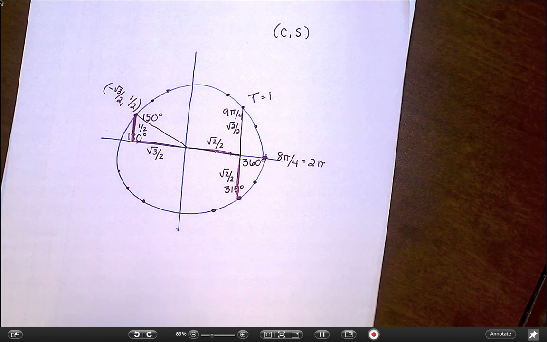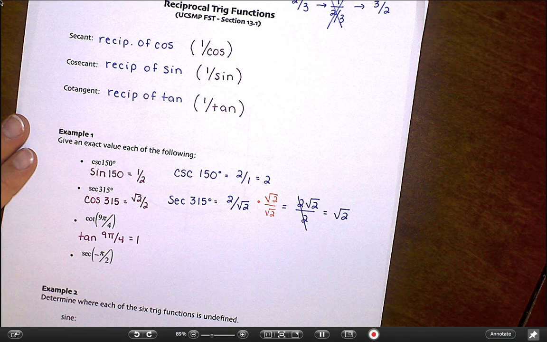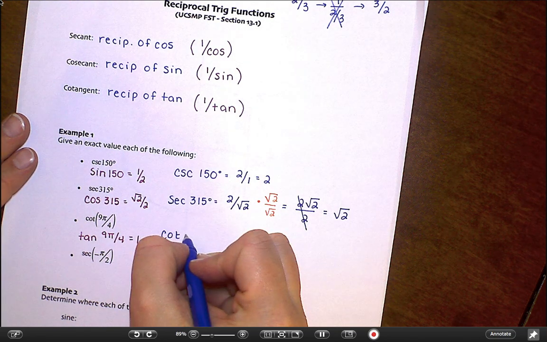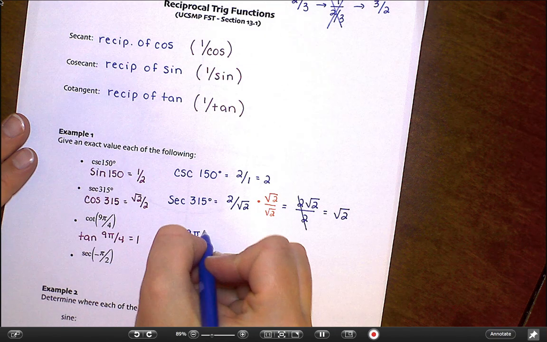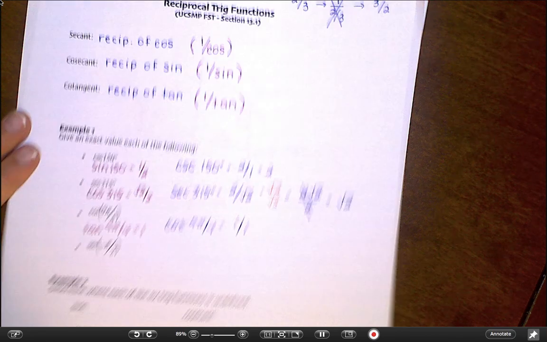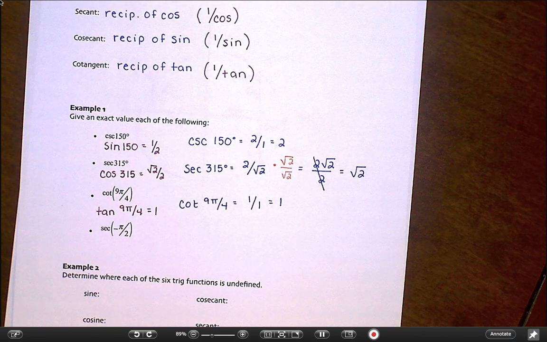Okay, the tangent at pi over 4 is equal to 1. And so then the cotangent would be the reciprocal of 1. So if I was being formal about that, it's really 1 over 1, which is just the same thing as 1. So the tangent and the cotangent are exactly the same at those points.